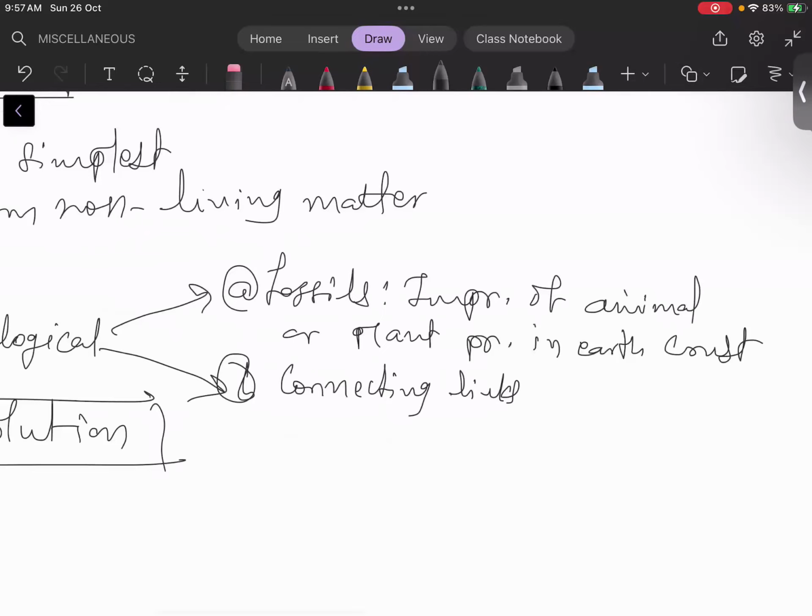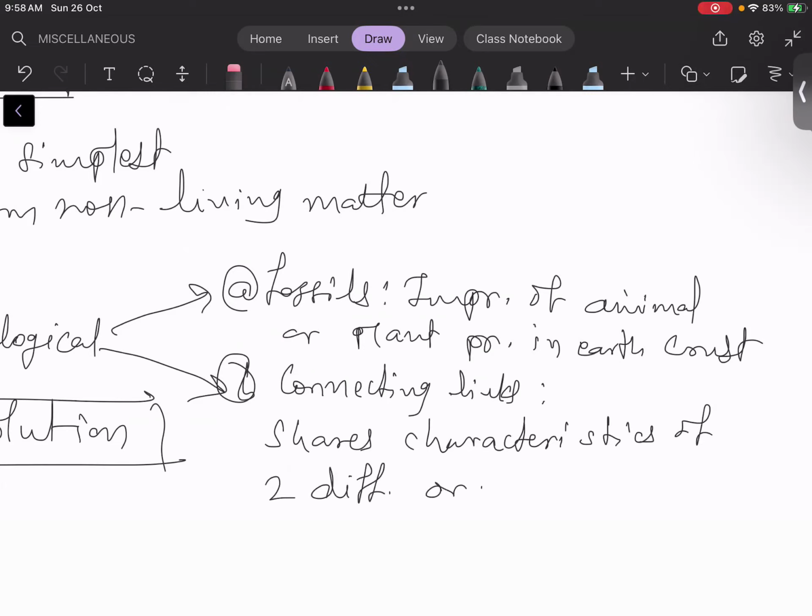Then connecting links: an organism sharing characteristics of two different groups of organisms. It shares characteristics of two different organisms.